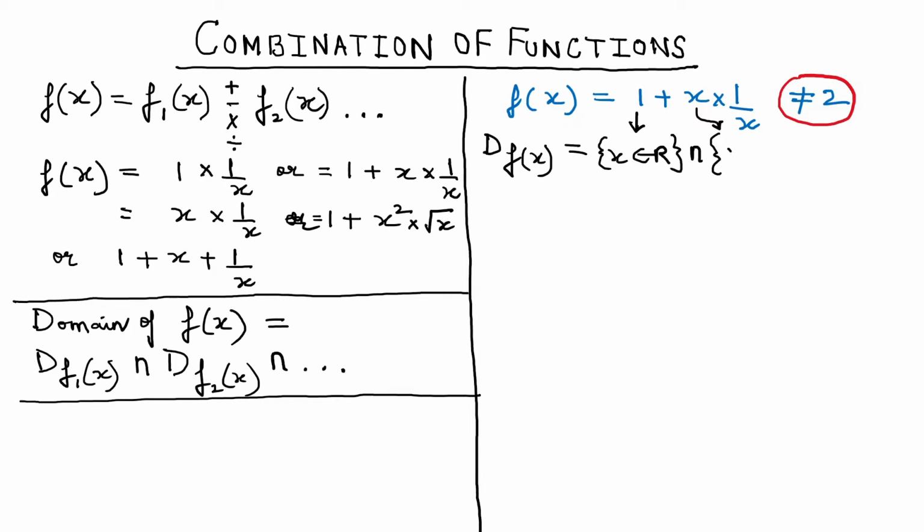What is the domain of x? Real numbers. Intersection with the domain of 1/x. And what is the domain of 1/x? x is less than 0, union with x is greater than 0.